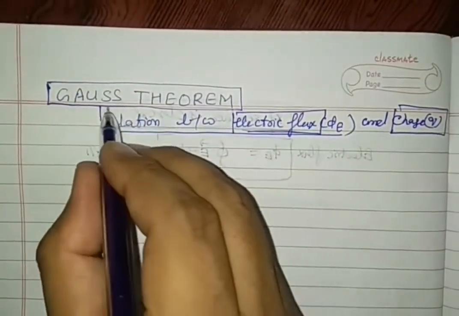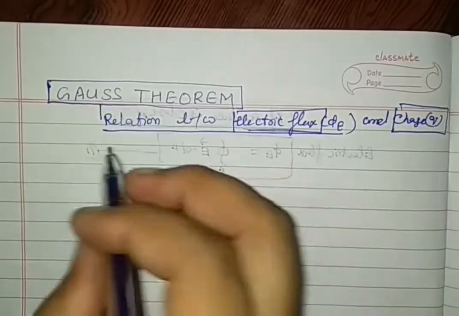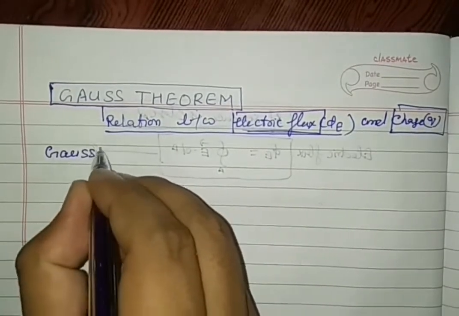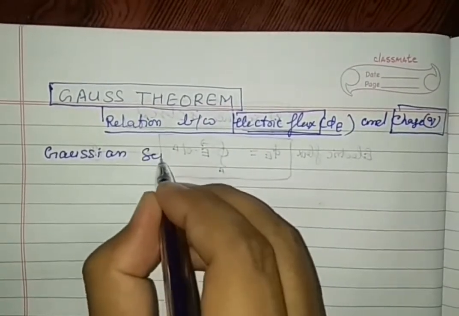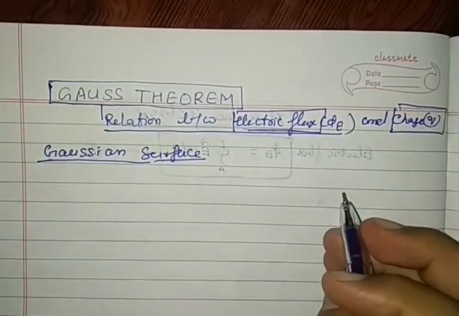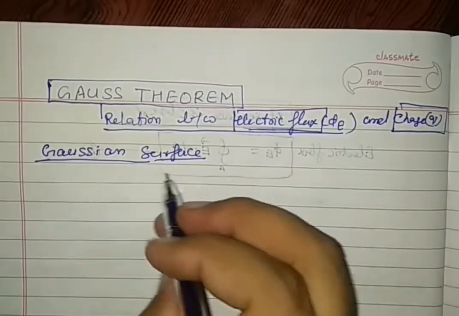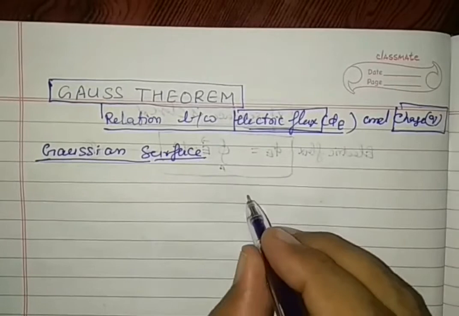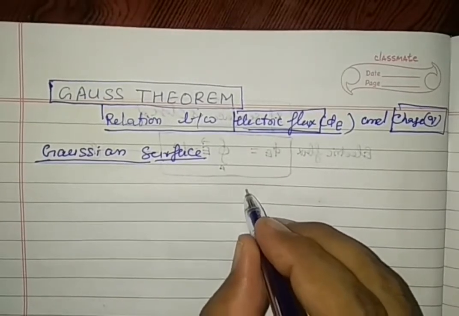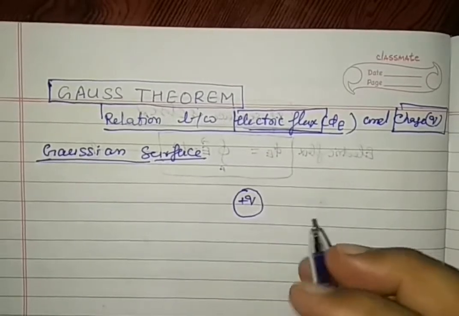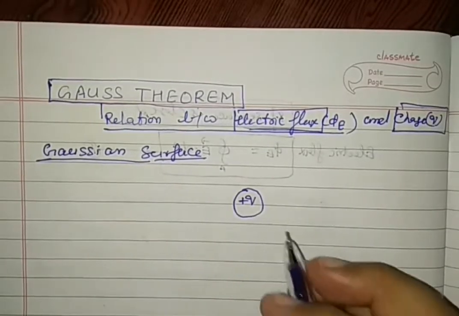Before seeing the Gauss theorem, first of all see the concept of Gaussian surface, and its concept must be known by you. To see the concept of Gaussian surface, first of all see, let any positive charged body here, an isolated positive charged body.